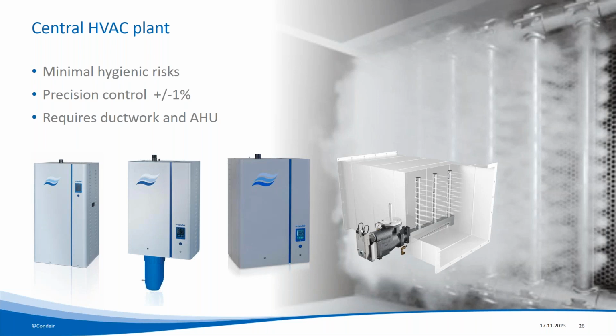So we can integrate either into an existing HVAC system, or we can do it direct air, but we have to consider the limitations of the capacity of the air in the HVAC system to accommodate the amount of moisture that's required.